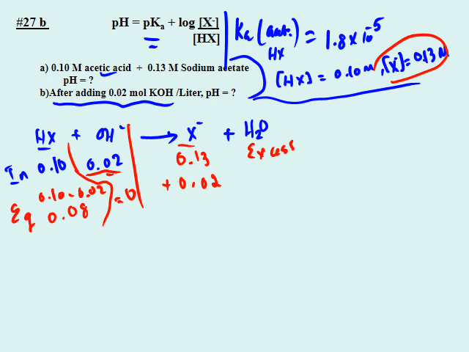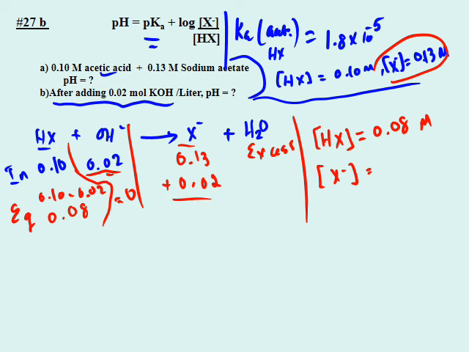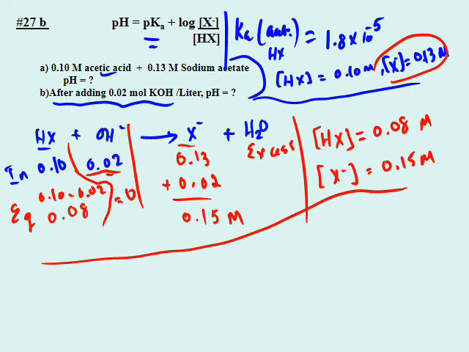So now let's write down the new concentration of HX and X minus. HX, after the addition of the base, potassium hydroxide, is now 0.08, and acetate ion, 0.13 plus 0.02, is 0.15. Now we can use these quantities in the Henderson-Hasselbalch expression to get the pH value.